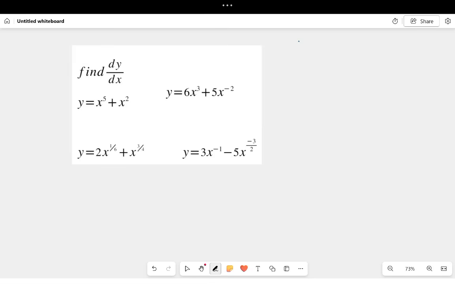Now, working out the dy/dx of each of these. Actually, we are going to use the power rule.